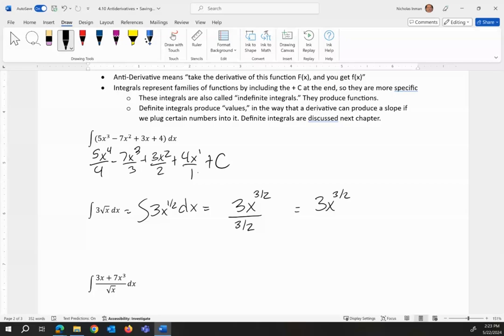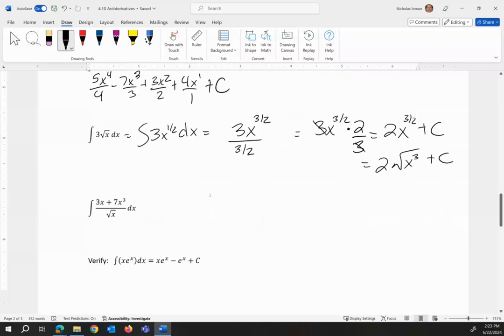That's just my personal opinion. Instead of dividing by 3/2, I'm going to times by 2/3, same change flip. Now my 3's can cancel. So I have 2x to the 3/2 plus c. And then I could rewrite this as the square root of x cubed plus c. If we started with square roots, we should end with square roots and not these rational exponents if possible.